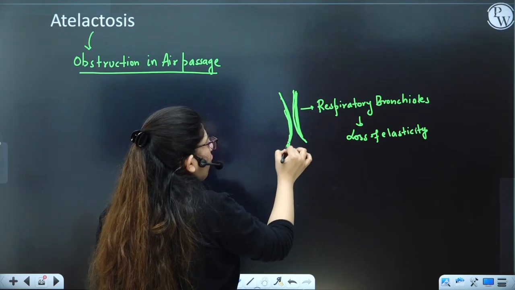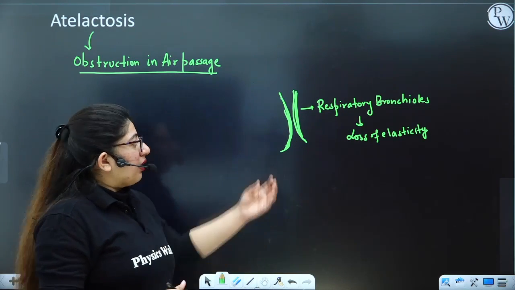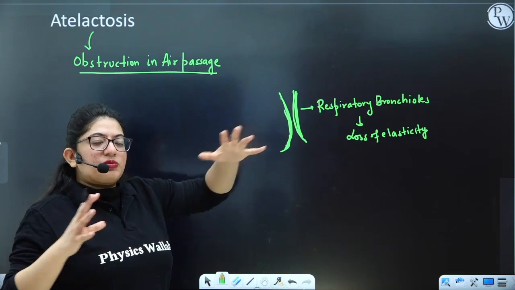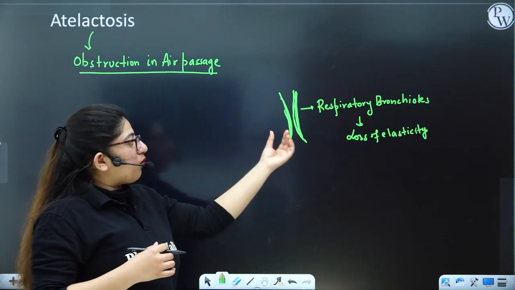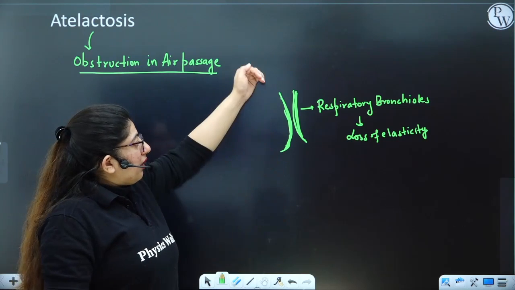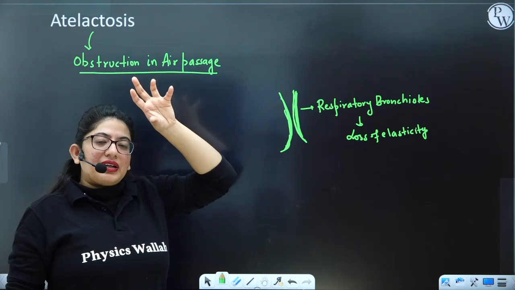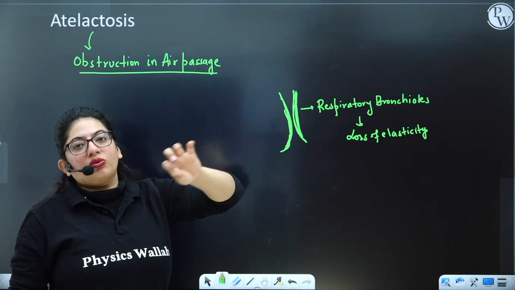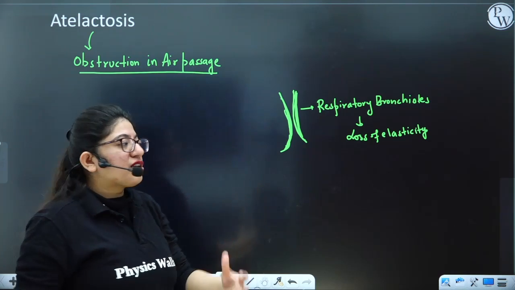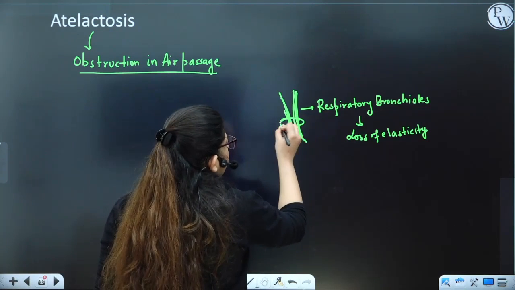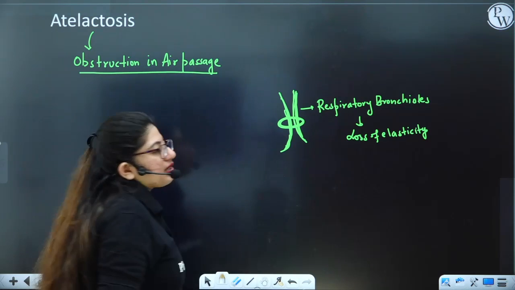If the bronchiole is normal and has elasticity, when the air enters, it will expand, but when the air moves out, it gets squeezed. If this bronchiole is damaged, when the air enters, it will expand, but when it moves out, it gets squeezed and will remain in that position only. So due to cigarette smoking, when your respiratory bronchioles get damaged, there comes an obstruction, and that obstruction is known as atelectasis.